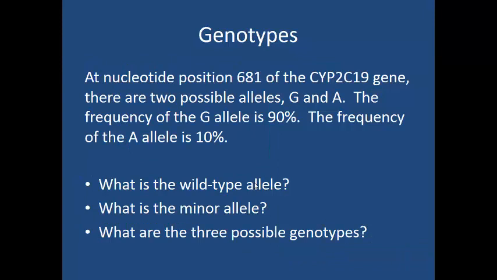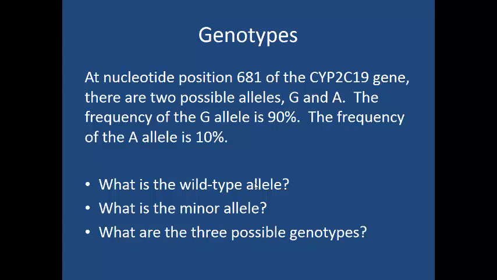Now, I'm going to give you another example to get at the terms wild type and minor allele. The example here is at nucleotide position 681 in the cytochrome P450, the CYP2C19 metabolizing enzyme gene. There are 2 possible alleles, G and A. The frequency of the G allele is 90%, and the frequency of the A allele is 10%.